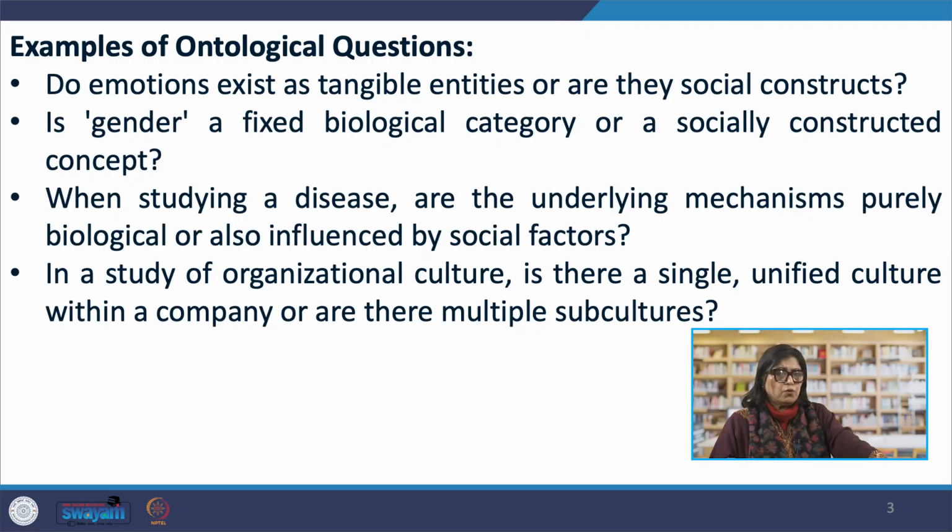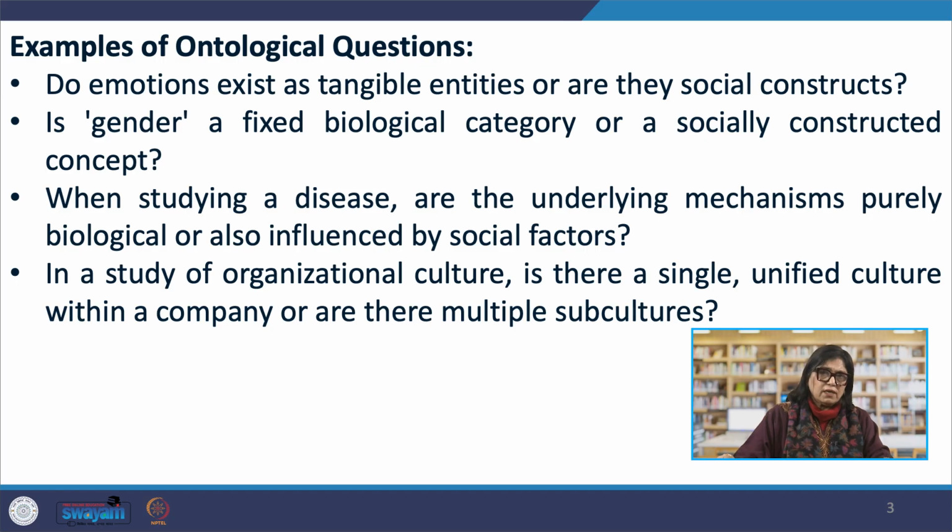Other examples of ontological questions in research could include, do emotions exist as tangible entities, or are they social constructs? Is gender a fixed biological category or a socially constructed concept?